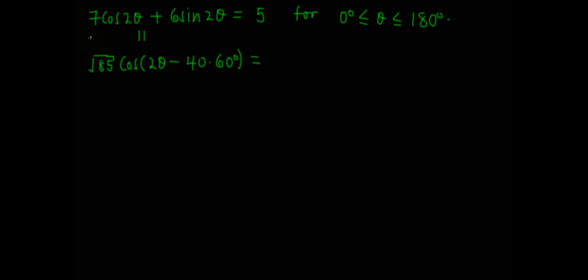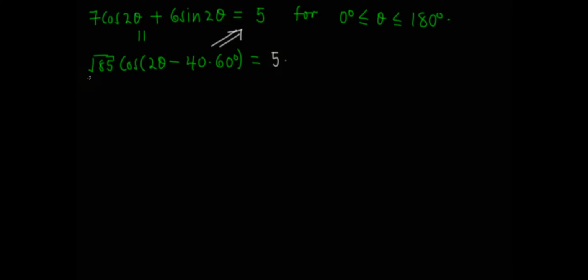Hence, we are requested to solve 7 cos 2θ plus 6 sin 2θ equal to 5. But now we have to keep in mind that 7 cos 2θ plus 6 sin 2θ was equal to the square root of 85 cos(2θ minus 40.60 degrees). So instead, we are going to equate this to the right-hand side.